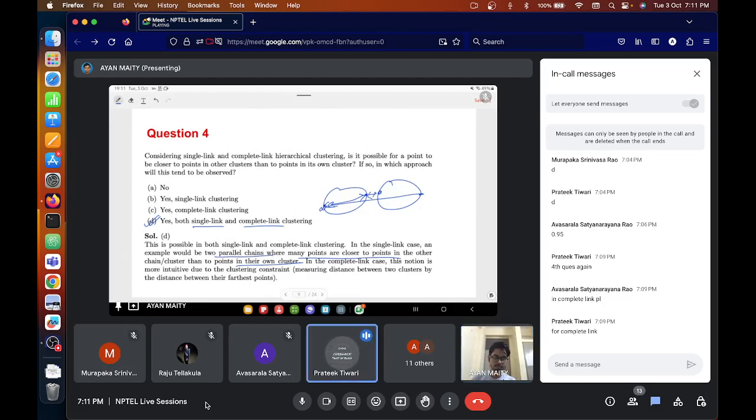In the RAND index, there is a reference clustering, for which we compare the model cluster. RAND index, I have forgotten the actual formula. It is (a plus b) by n choose 2, that's it.